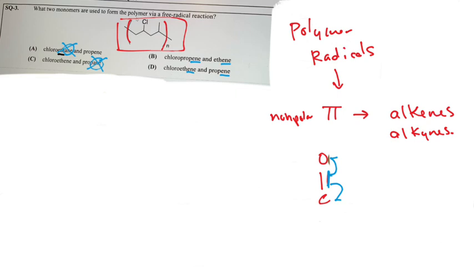Does it make sense for that to happen? No? Why not? Oxygen's more electronegative. So these radical structures are going to happen with non-polar pi bonds. That has to be a part of that system.